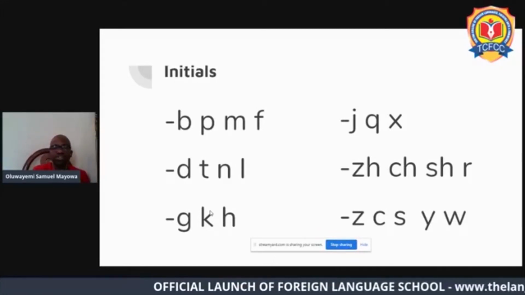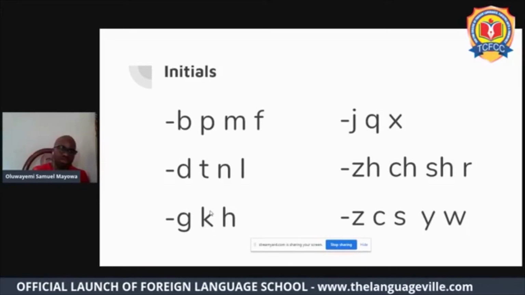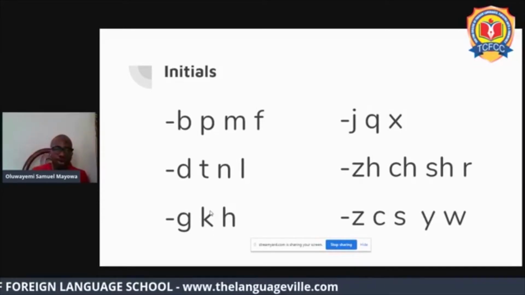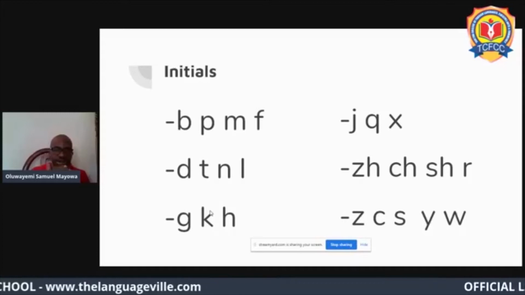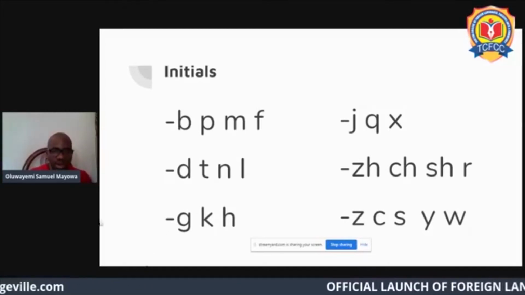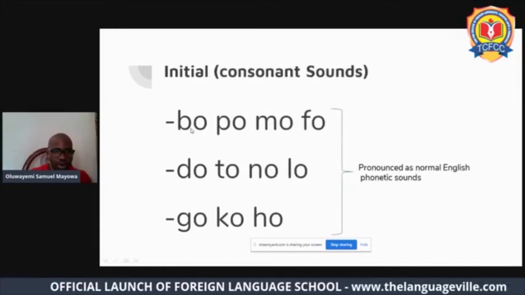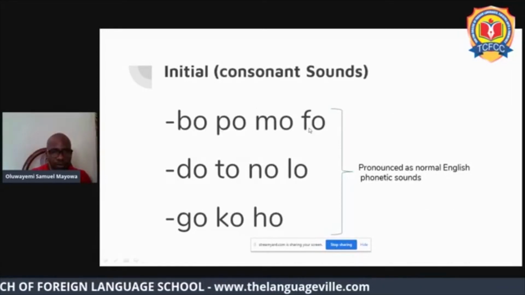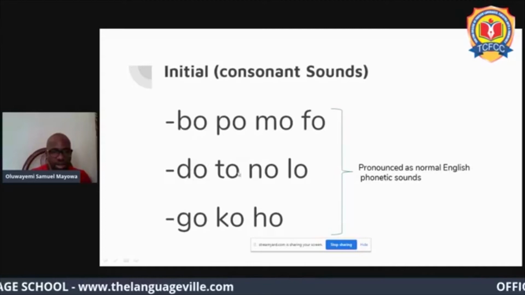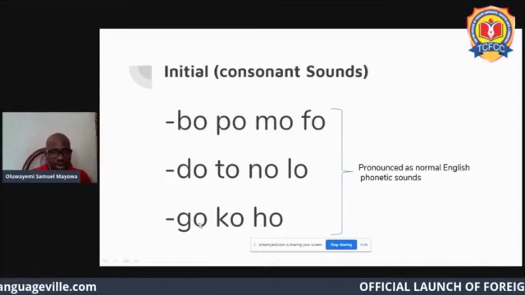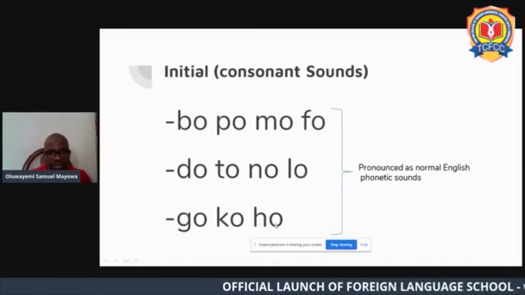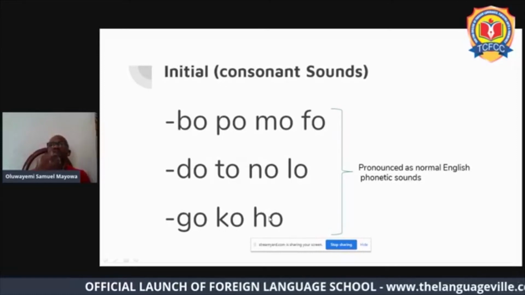In the initial sounds, I'm going to rush us through this: bo, po, mo, fo, de, te, ne, le, ge, ke, he. Just look at this: bo, po, mo, fo, de, te, ne, le, ge, ke.